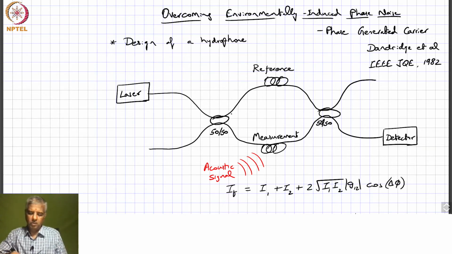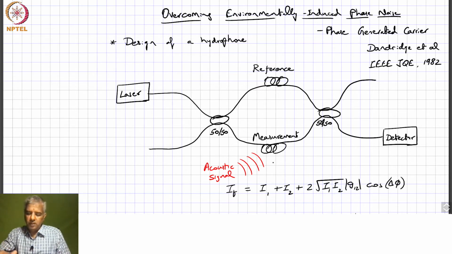You protect the reference arm, say within the box where the laser, detector and all the signal processing are present, and you just have this fiber going out to a microphone type of arrangement, a mandrel around which you can coil the fiber. This coil is then submerged into water and exposed to acoustic signals.